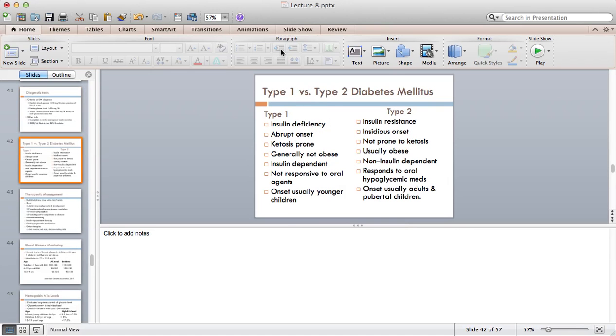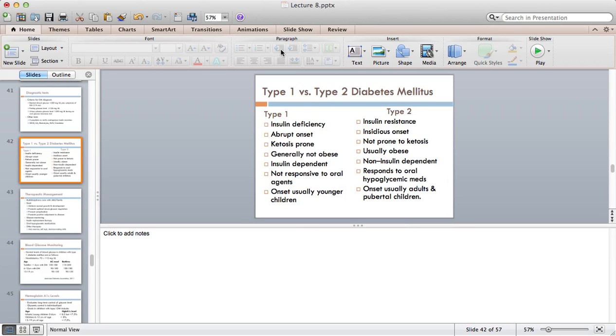Type 1 has abrupt onset. Most of our pediatric patients do not know that they are diabetic until they show up in DKA. Okay. Type 2 is slow onset. Type 1 will have ketoacidosis.